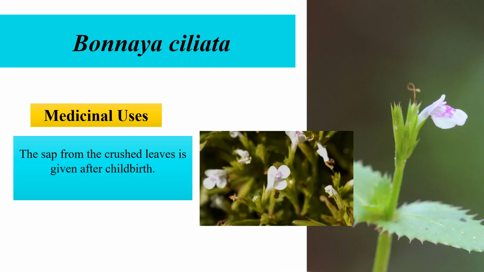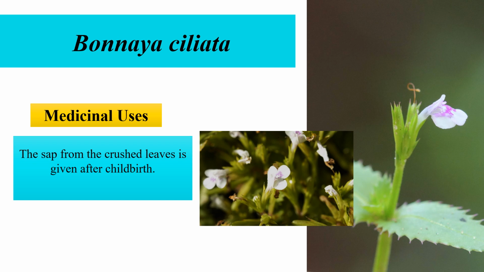Next is Bonaya ciliata. It is also a common plant species from the family Linderniaceae, found in sunny or lightly shaded areas, grasslands, in wastelands, in roadsides, in rice fields, moist places, in marshy places, etc. This is also an erect annual plant.